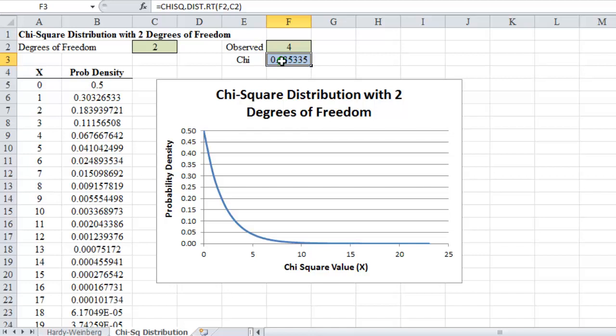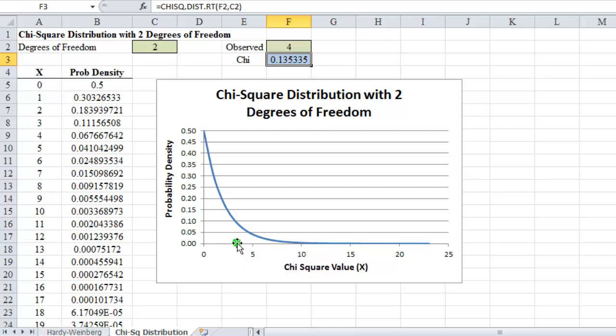If you click on cell F3, you'll see that we used a function called CHISQ.DIST.RT. What this function is doing is returning the proportion of the curve that falls to the right of that particular number.